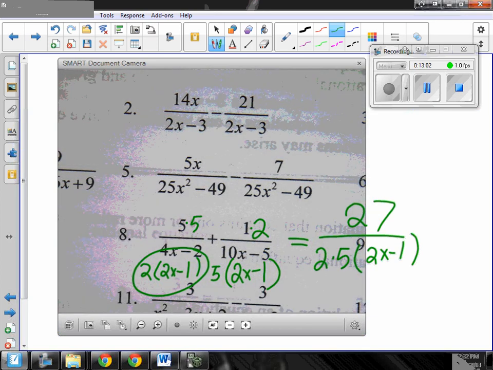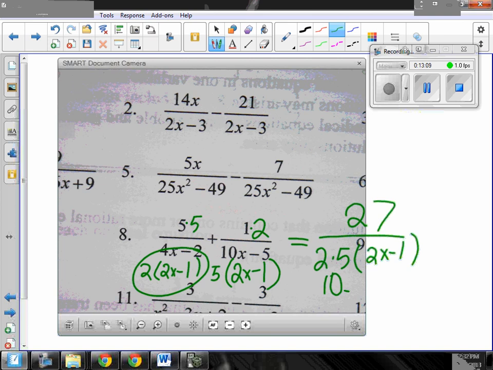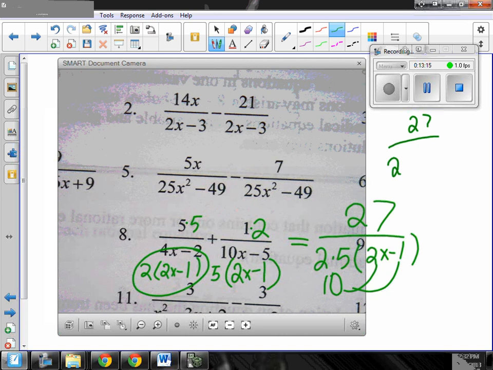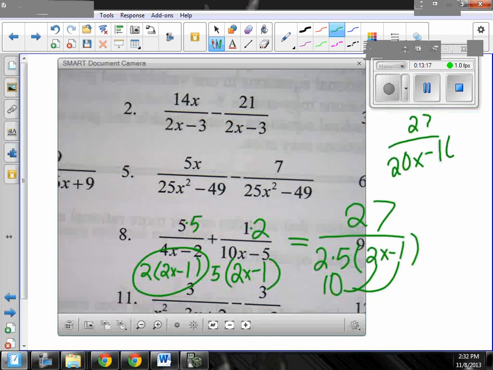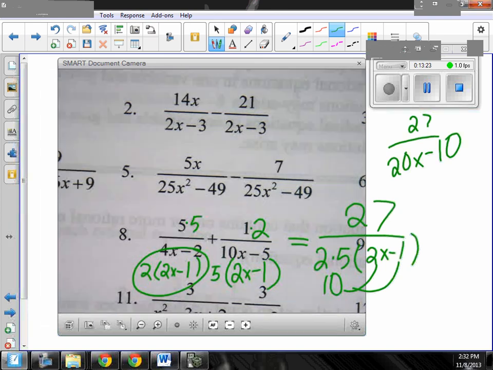So now what do I do? I put it all back in, so this is a 10, and I put a 10 inside there. So 27 over 20x minus 10. Get it? Good job.